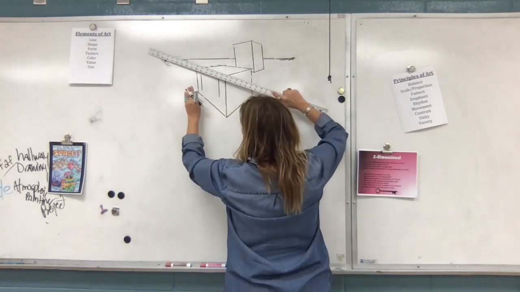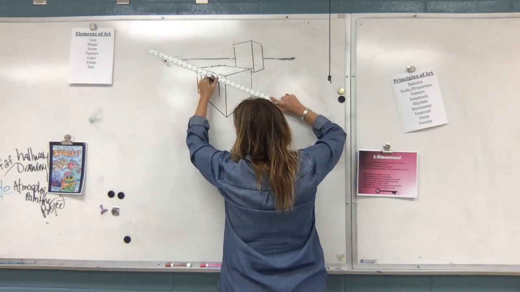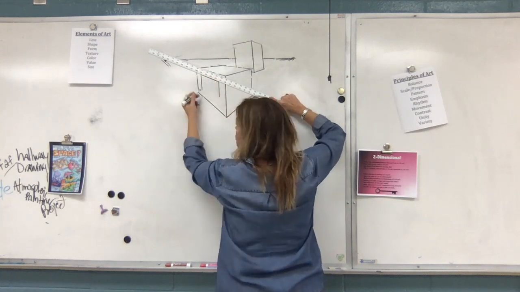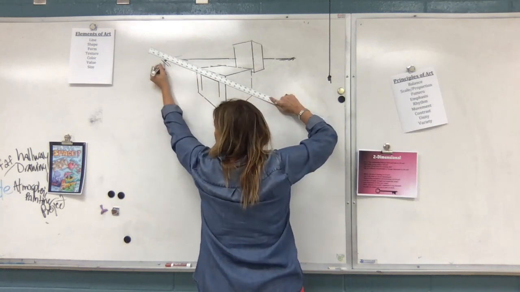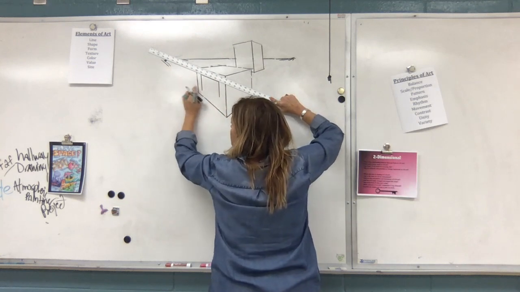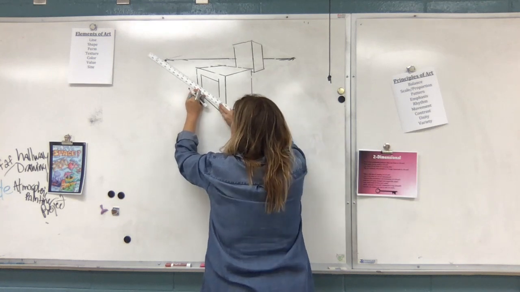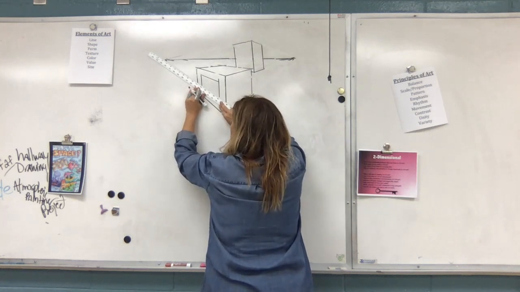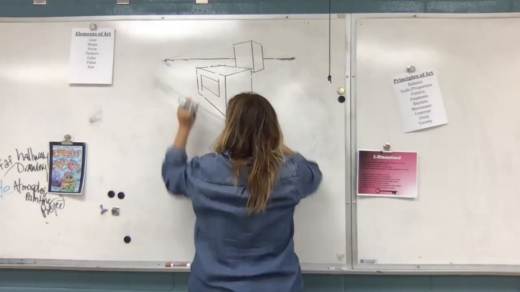I'm gonna take my ruler, line up the top of this to the vanishing point, and just stop it there. Instead of drawing it all the way out, I'm only drawing it to where I need it. But know that you have to line up the top and the bottom of anything, doors, windows, whatever you want to create, to that vanishing point. So it would look like that.